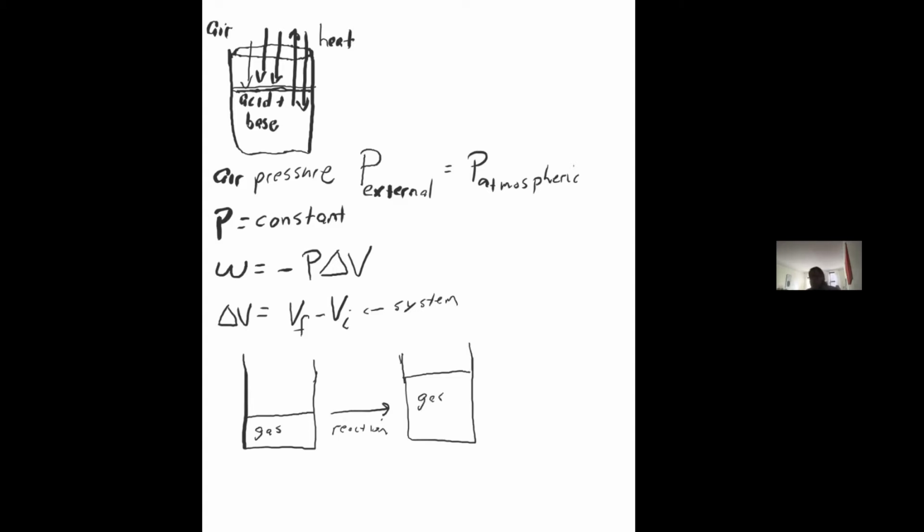If the external pressure pushing down from the atmosphere is constant, then the amount of work that the gas did on the piston or on the surroundings is equal to minus the atmospheric pressure times delta V, the final volume minus the initial volume.